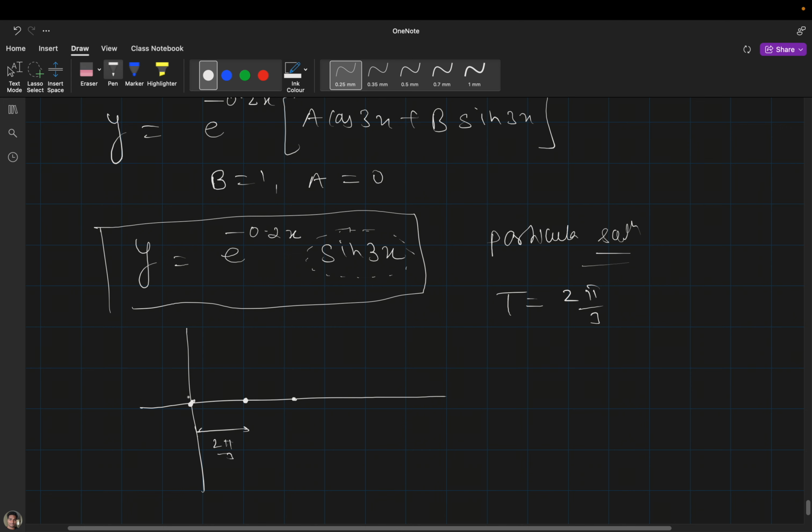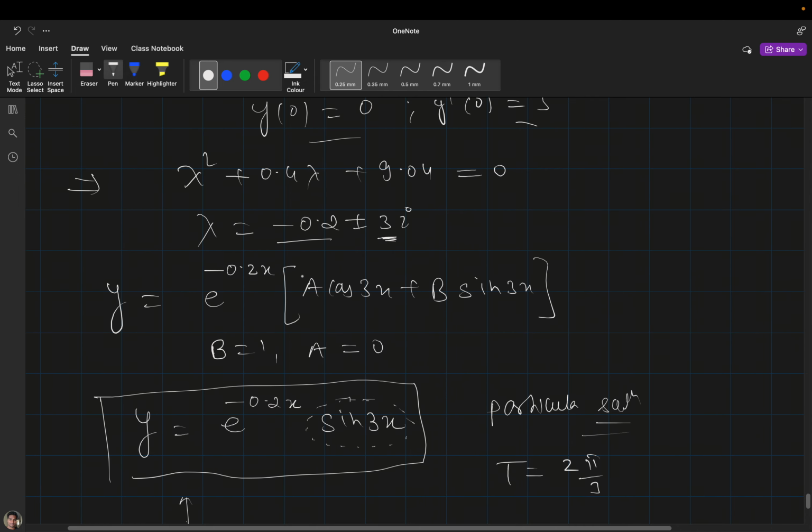If this is 2 pi by 3, then from where will the graph start? I want to ask, what is the y-intercept of this whole function? The origin, right?